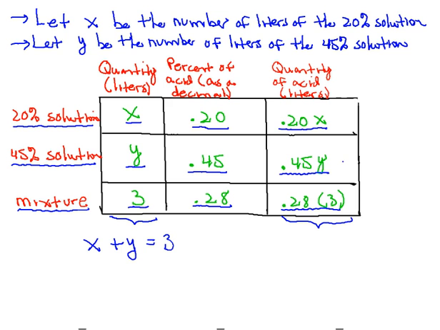And from the third column we can then write 0.20x plus 0.45y is equal to 0.28 times 3. And so the second equation is saying to us that the number of liters of acid in the first solution added to the number of liters of acid in the second solution is equal to the number of liters of acid in the third solution. So we'll next tackle solving this system.